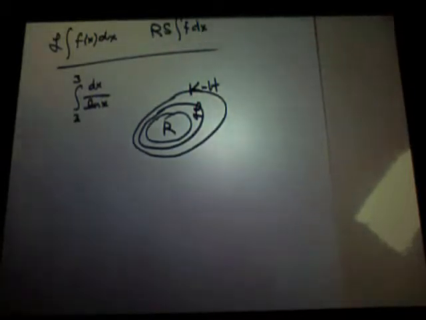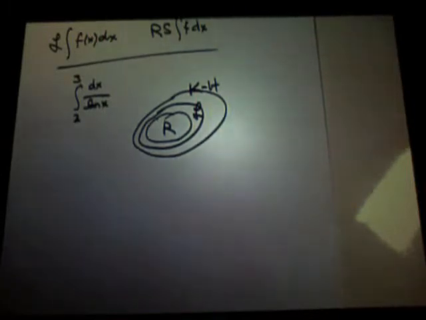And you say the norm of the partition is the length of the largest subinterval that appears in the partition. So if the norm of the partition is forced to be small, that means you've chopped it up into many, many small pieces. And if you take the limit of something based on the norm of the partition, you might be able to find a sensible integral. That's one way you get the Riemann definition.